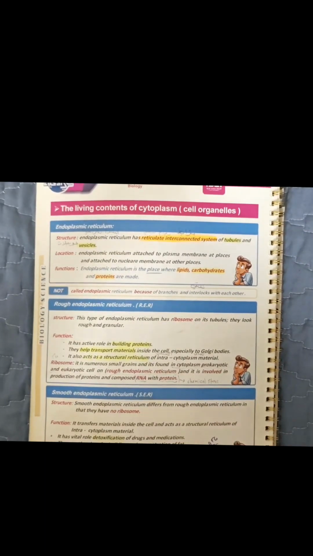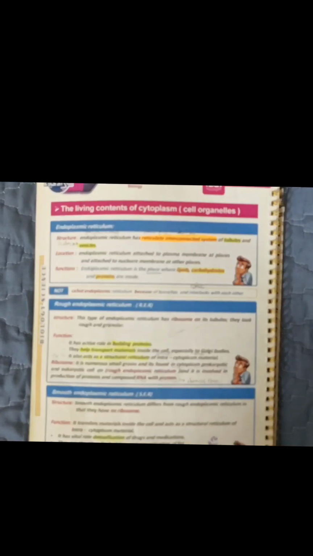They're also called endoplasmic reticulum because of branches that interlock with each other. Okay, now let's go to the types of endoplasmic reticulum. There's rough endoplasmic reticulum and there's smooth endoplasmic reticulum.